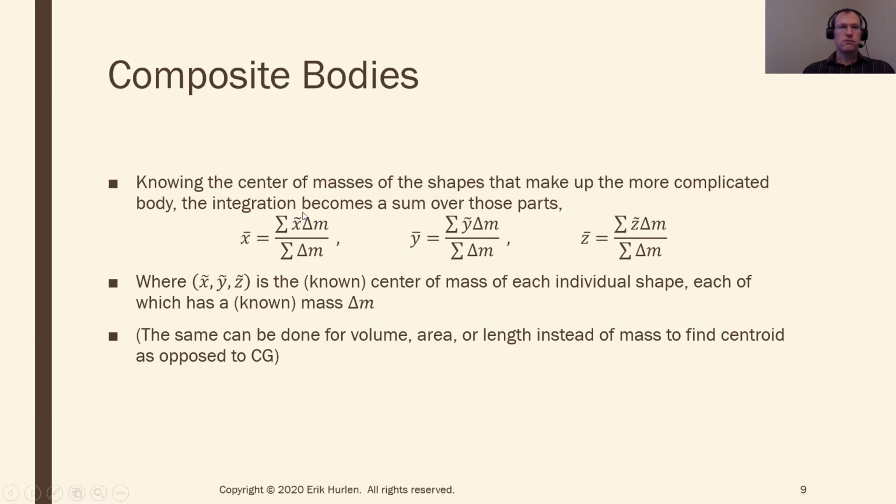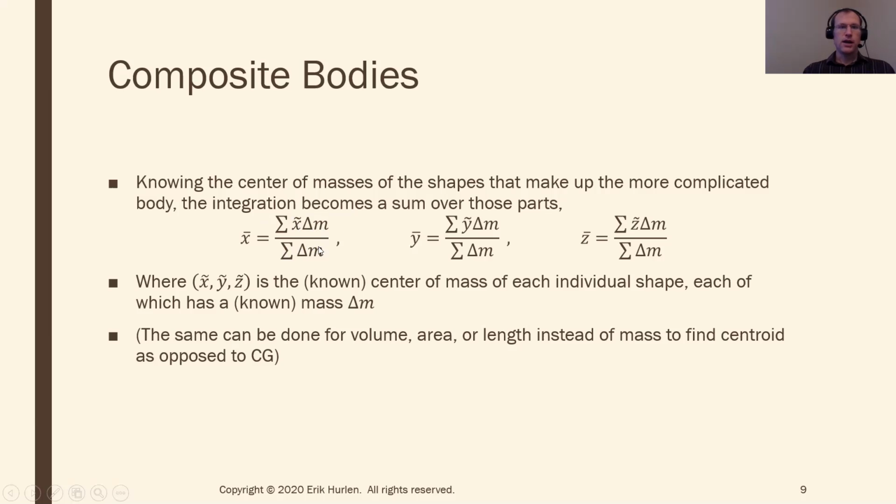So each little rectangle, circle, triangle, whatever it is, has some x value as centroid, and has some mass associated with it, or volume or area, whatever I'm dealing with. And so I take each of those for each rectangle, x tilde times delta m, add them all up, and that gives me an overall sum of x tilde times delta m.